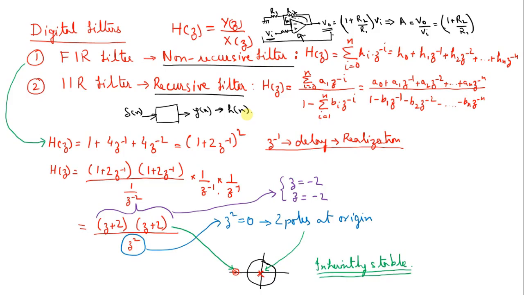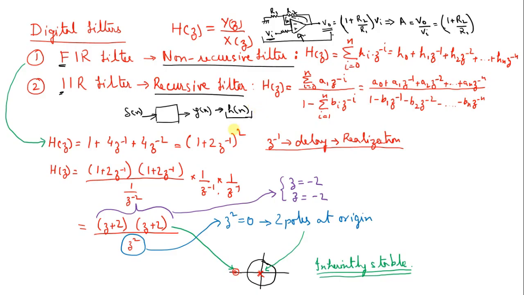Now, I talked about two words, finite and infinite impulse response. When we talk about FIR and IIR filters, the FIR filters will have a finite length of h[n].